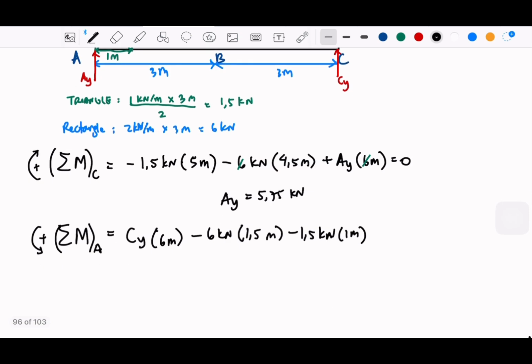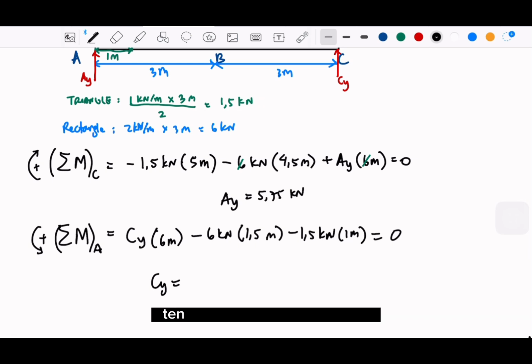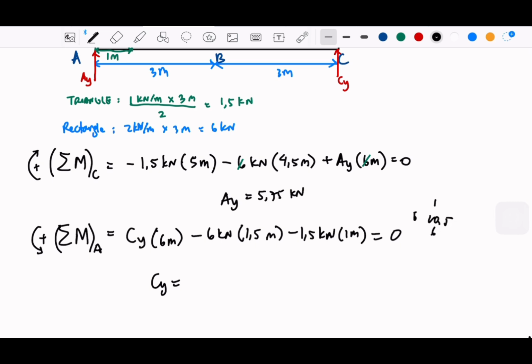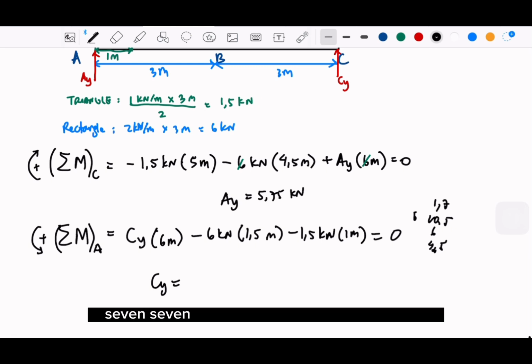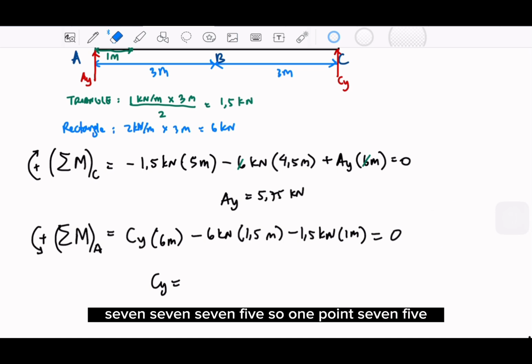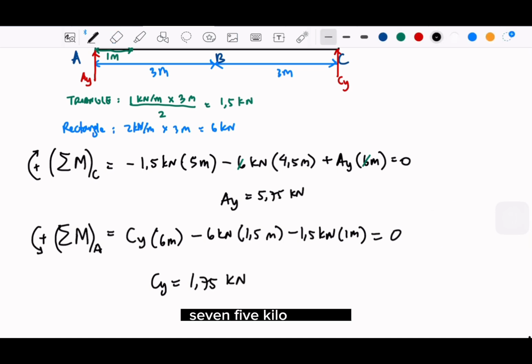Okay, what will be, this is equal to 0, so CY is 9 minus 10.5, 10.5, 6, 7.75, so 1.75 kilonewton.